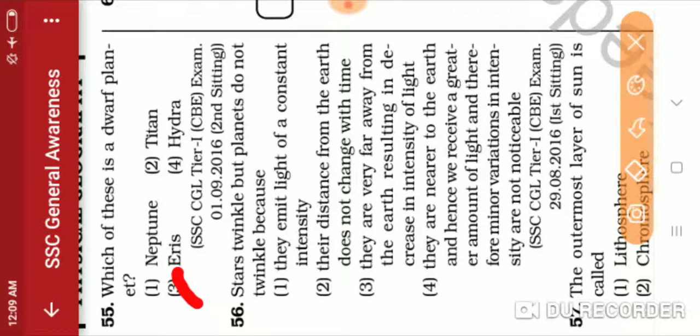Next question is that a star twinkles but a planet does not twinkle because. It's a very good question. Planets are near to the earth and hence we receive a greater amount of light, and therefore minor variations in intensity are not noticeable.